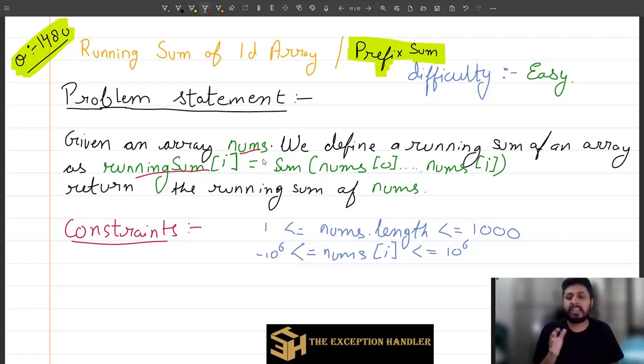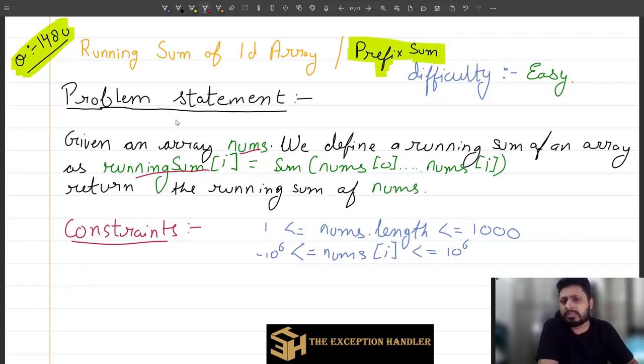That means element at index 1 in a running sum is equal to the sum of index 0 and index 1 in the nums array. Index 2 in a running sum array would be the sum of index 0, 1 and 2, all three together. So this is how the running sum array is calculated.